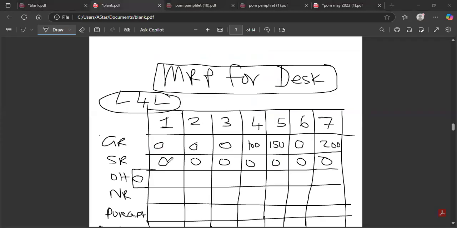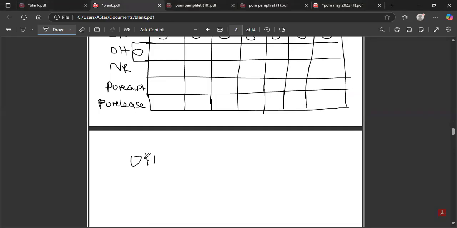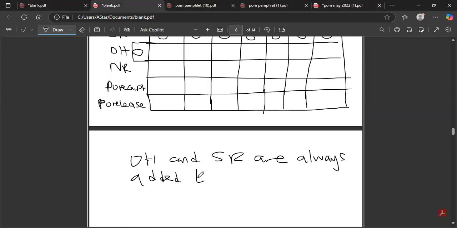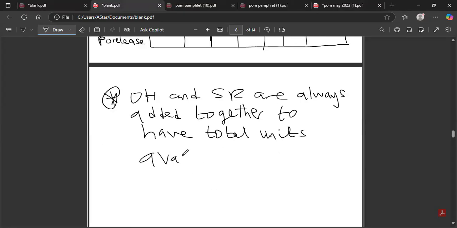So you add now 0 plus 0. On hand and scheduled receipts are always added together to get total units available.